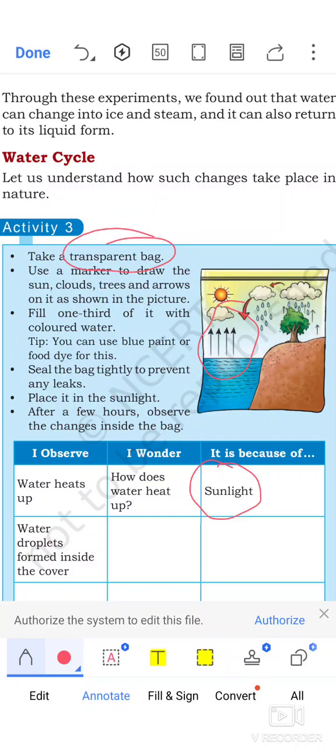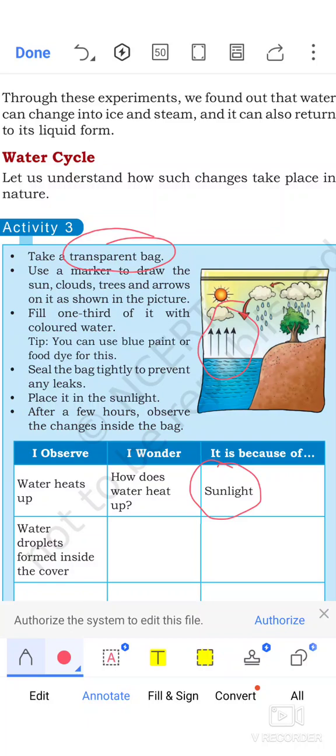The clouds get big droplets, they get cool air, and due to that cool air the clouds are not able to handle the droplets. Due to that, they fall down on the earth in the form of rain.